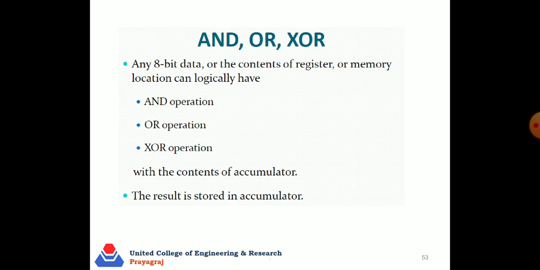As we discussed in the previous lectures, the accumulator is a part of the ALU, the arithmetic logic unit. So one number should be in the accumulator and the other number may be in any of the registers, and the final result of the AND, OR or XOR operation will be stored in the accumulator.